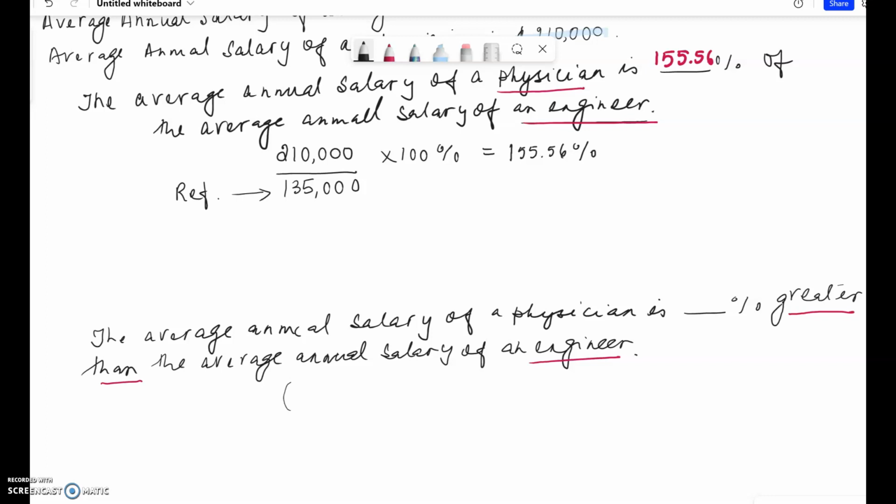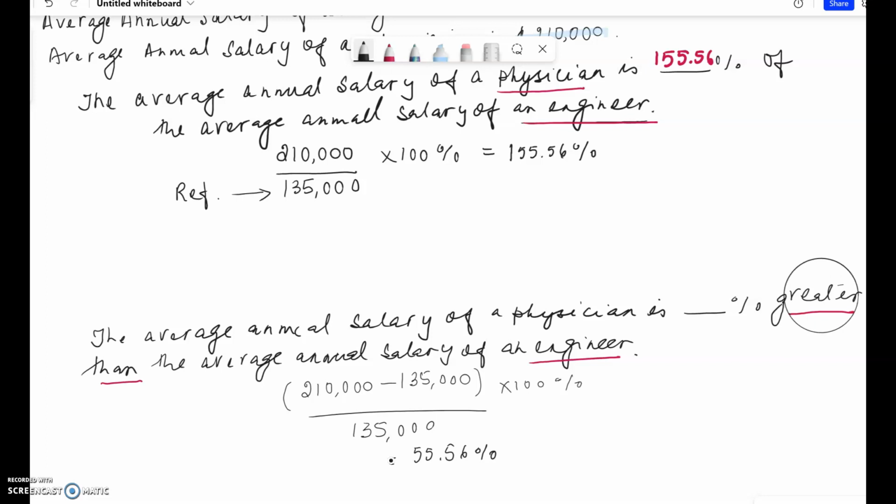So we're going to take the difference, 210,000 minus the reference value 135,000, divided by 135,000, times 100%. That is equal to 55.56%.